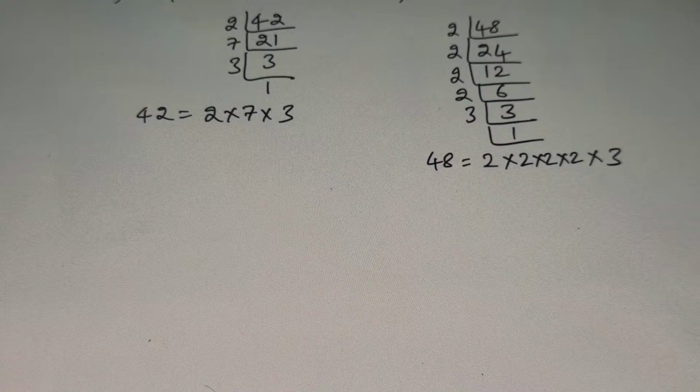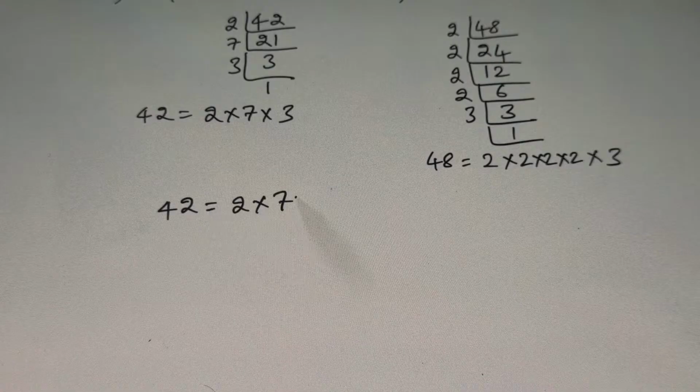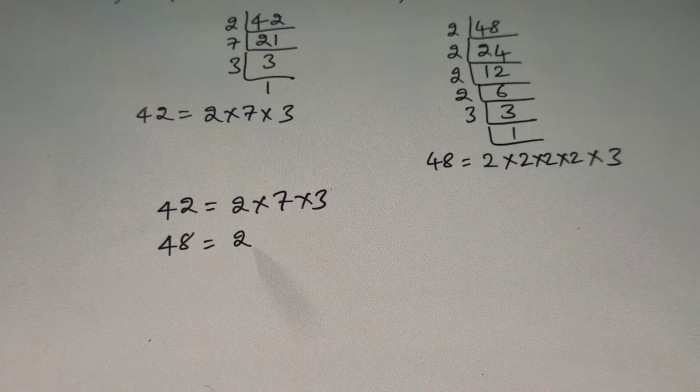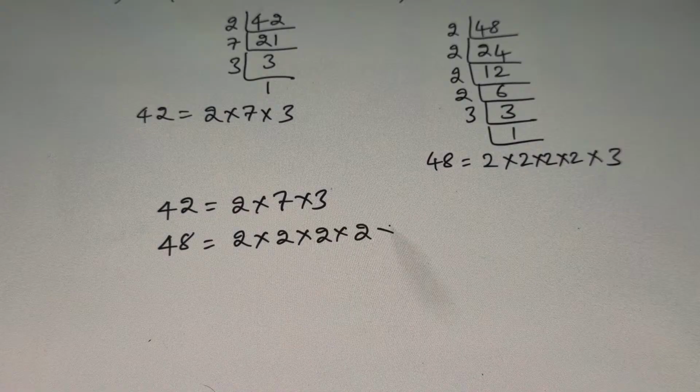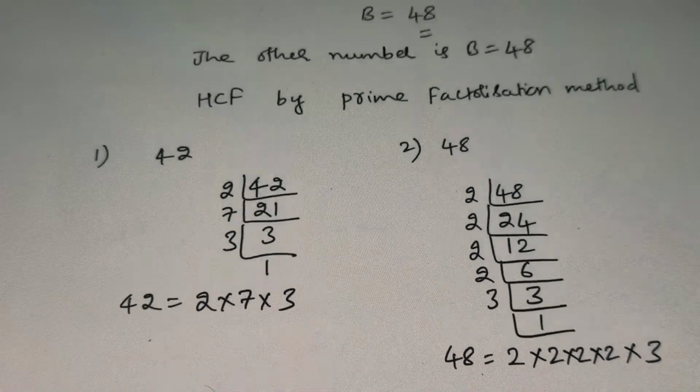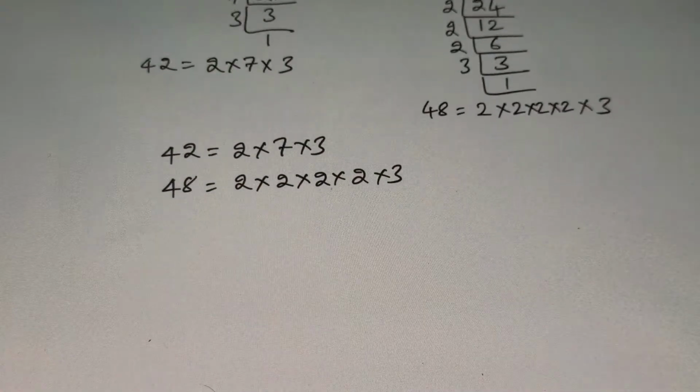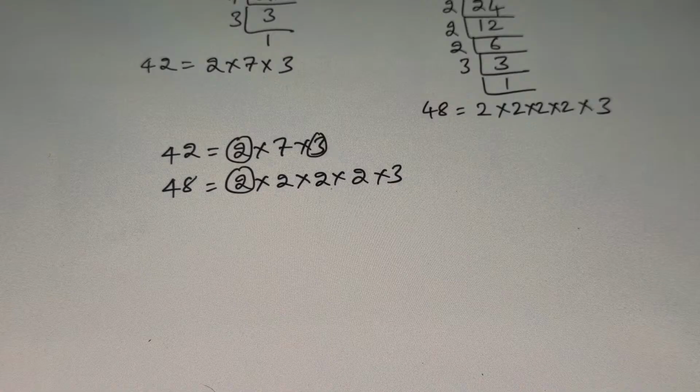Now you have to compare and get the HCF. So first number 42, 2 into 7 into 3. Second number 48, 2 into 2 into 2 into 2 into 3. Now you have to check the common factors on both the numbers. So we have 2 as common, then we have 3 as common. So 2 and 3 are the common factors of the numbers 42 and 48.